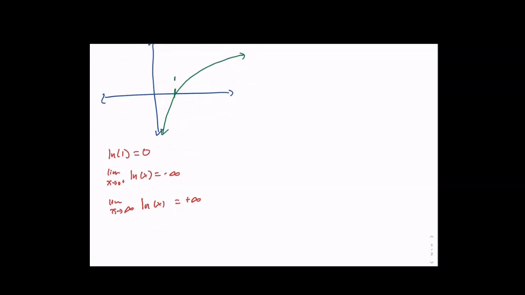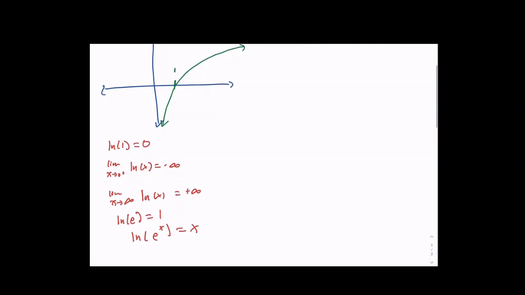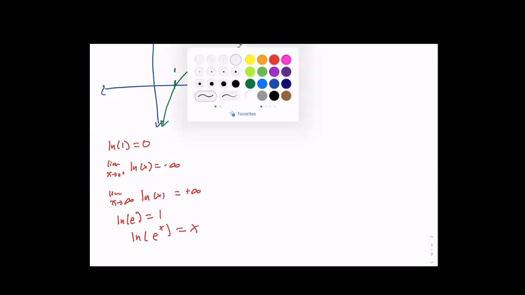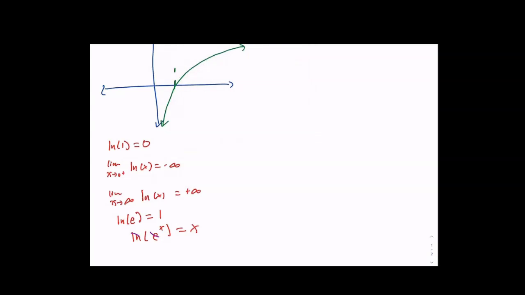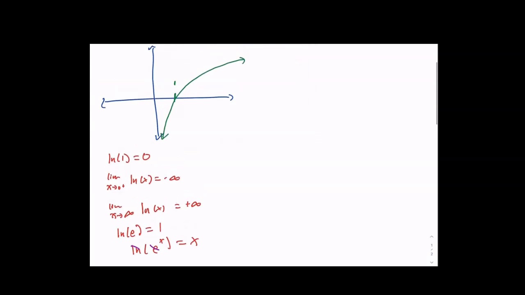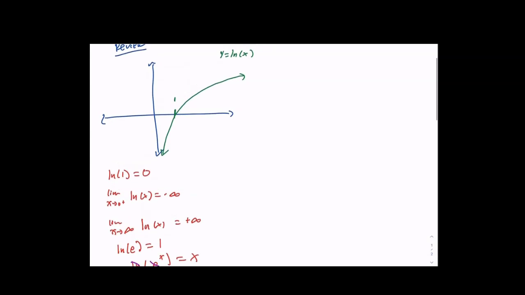We also have the property that the natural log of e is 1. The natural log of e to the x is going to give you x. So it does kind of work where the natural log and e cancel each other out.